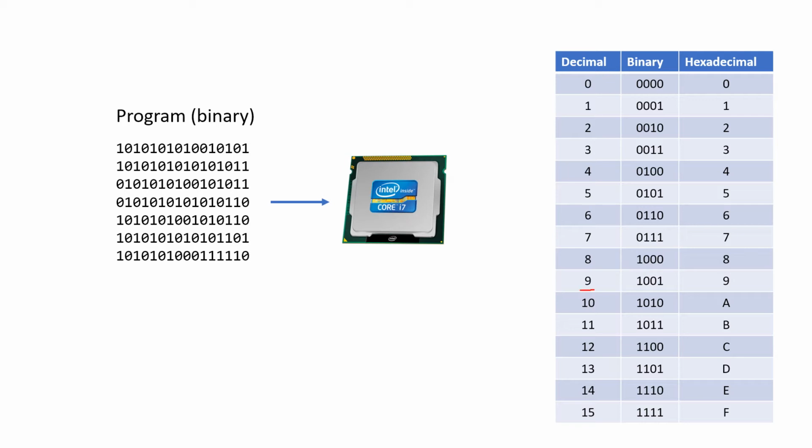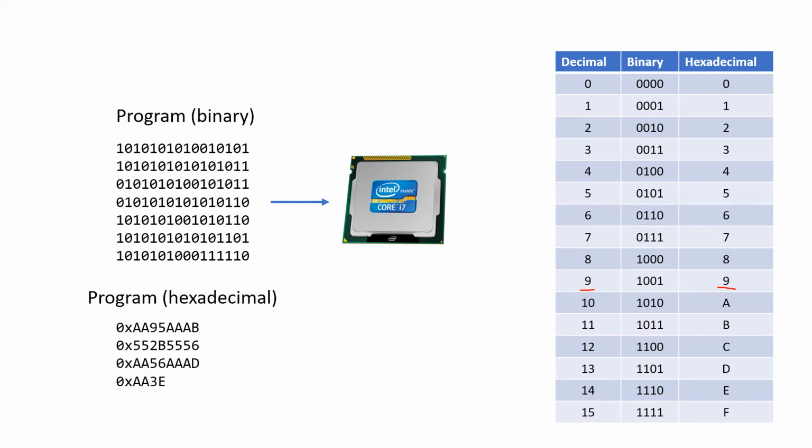Up to 9, hexadecimal and decimal are exactly the same. But then, to represent numbers from 10 to 15, we use the letters A, B, C, D, E, F. This clever representation allows us to represent 4 bits with a single character, and so this compresses the representation a lot.